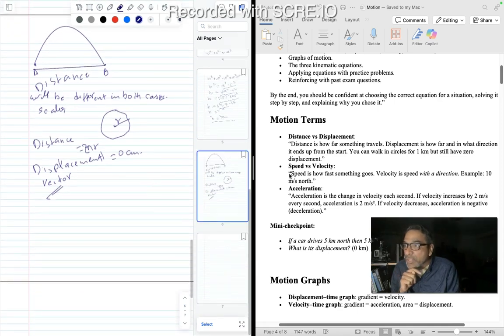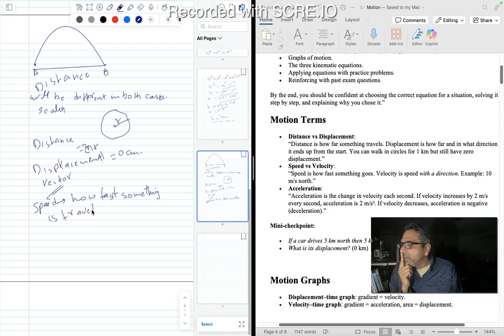speed and velocity. Speed is how fast something goes, velocity is speed with direction, right? Speed is how fast something is traveling, and its unit is meter per second.